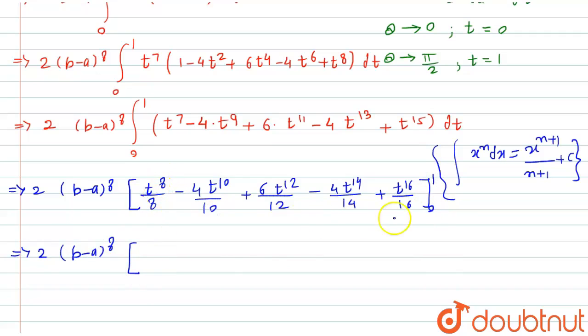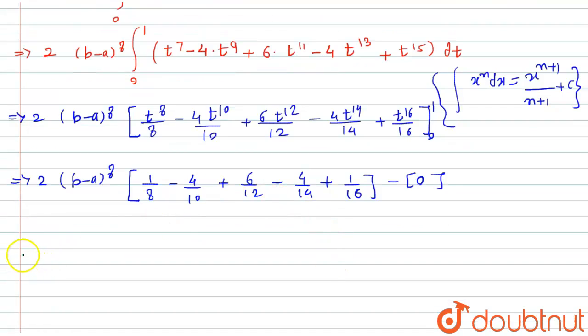So on putting 1 here, what it will become? This implies 1 by 8 minus 4 divided by 10 plus 6 by 12 minus 4 by 14 plus 1 divided by 16, and on putting the value as 0, all the terms will be 0. So finally on simplifying this, what do we get?